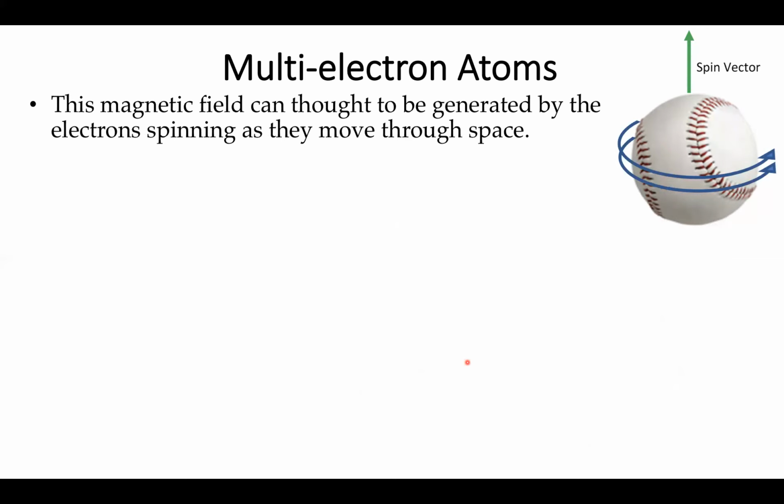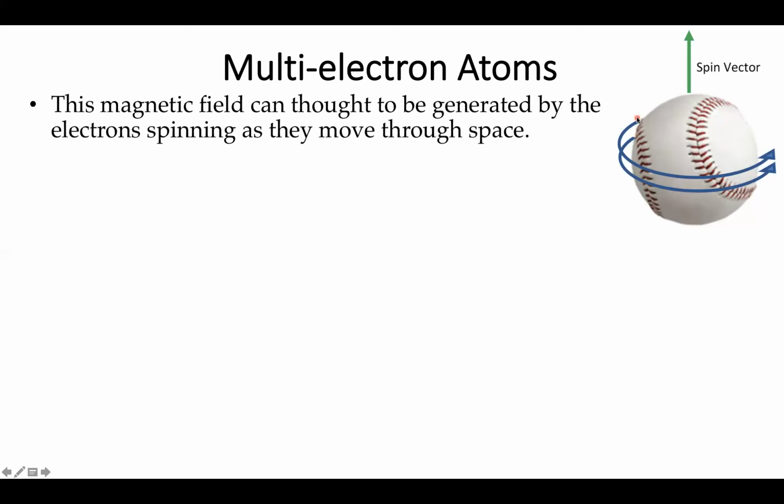Typically we think of this as a mild magnetic field generated by things like photons as they travel in a straight line, and we saw this with electromagnetic radiation. However, if you move a charged particle in a circular pattern, you can generate a magnetic force like you find with electromagnets. Well, it turns out that electrons do this on a very minor scale.